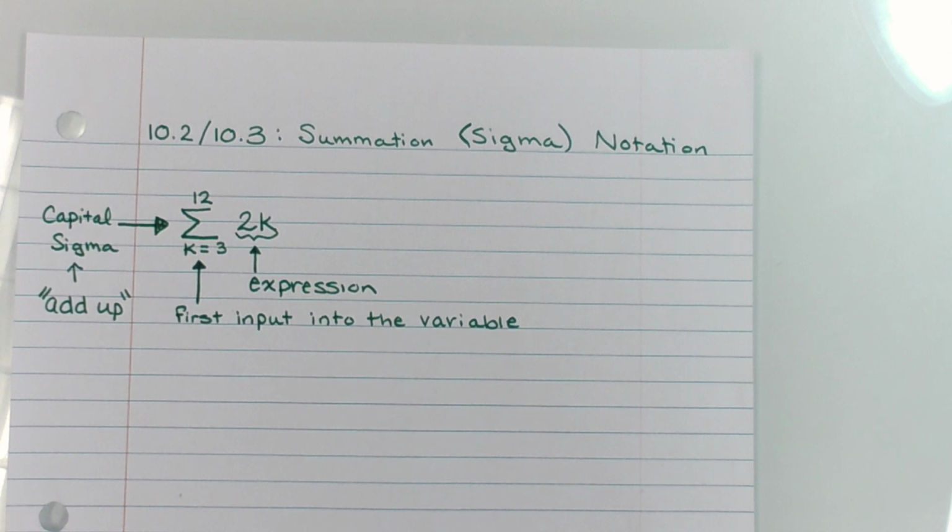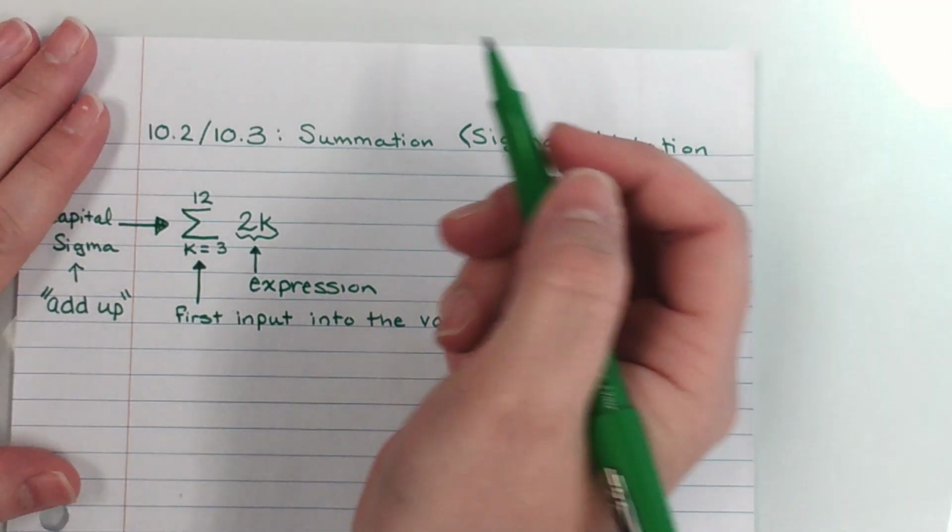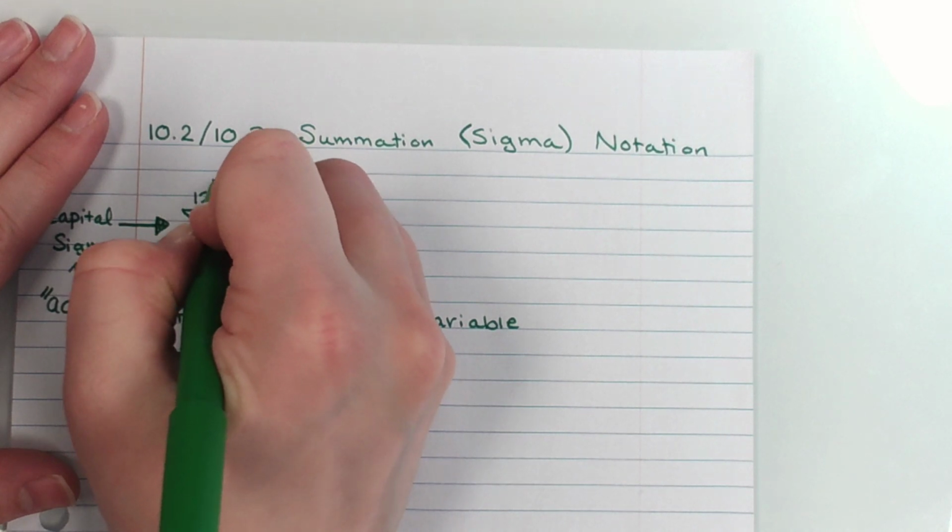So we're going to use the expression 2k, and we're going to plug in 3, and we're going to continue to plug in numbers up until we get to the number 12.